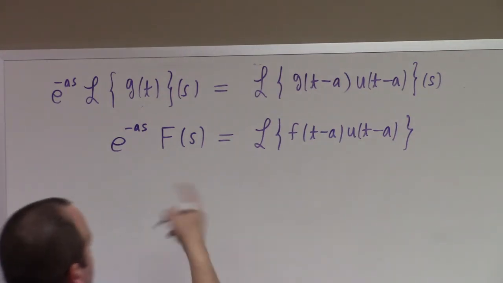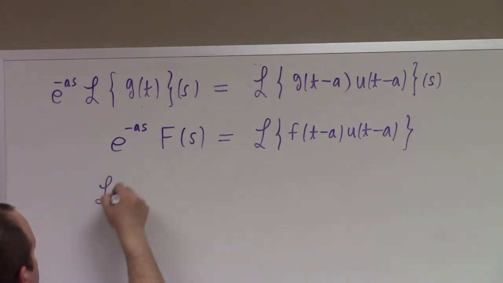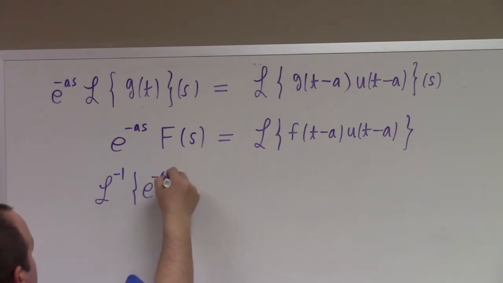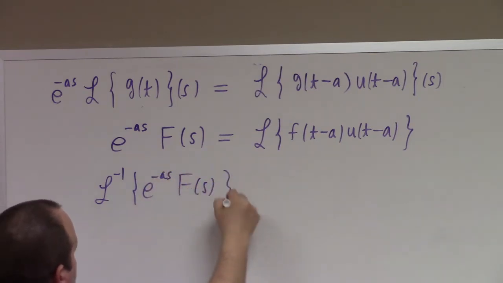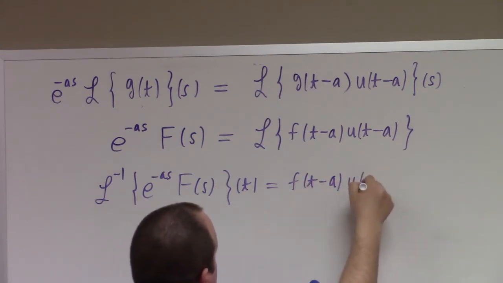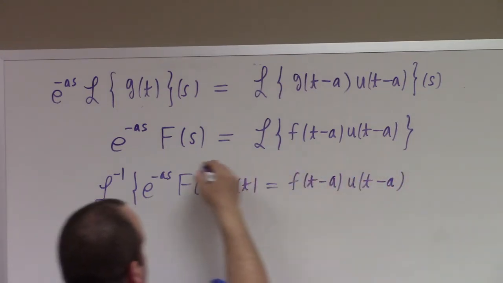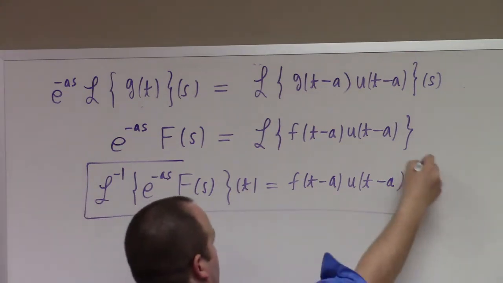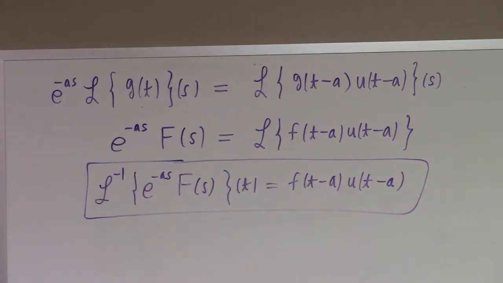Or if you take the inverse Laplace transform of both sides, the inverse Laplace transform of e to the minus as times F of s is just equal to f of t minus a times u of t minus a. More often than not, what I just wrote down is what we actually need when we're taking the inverse Laplace transform. This, over here, is what we need when we're taking the Laplace transform. And we need both of those relations to make it work. Is that good?